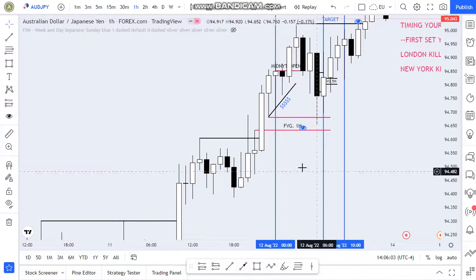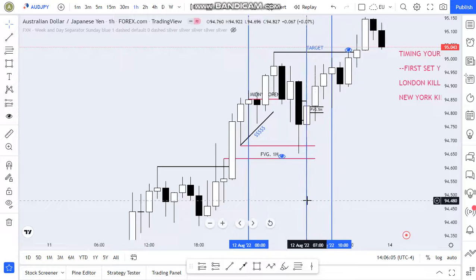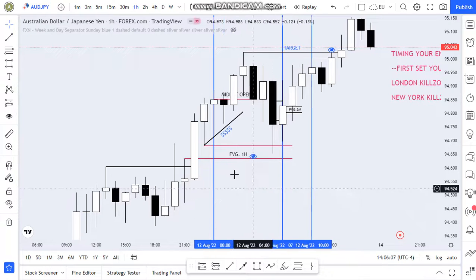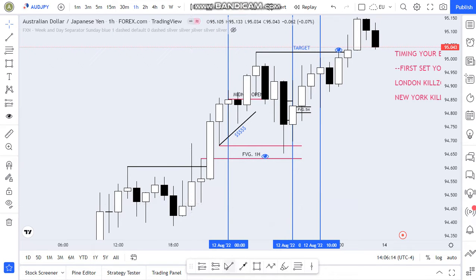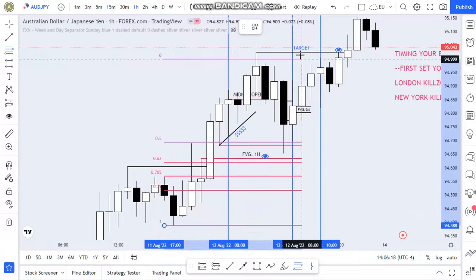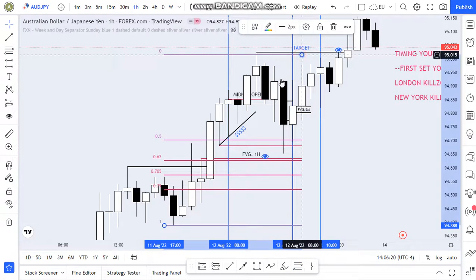Looking at this price, we are trying to buy from a discount. If I should fib from this low to this high, we are looking for price to at least come to the 50% region for us to buy.